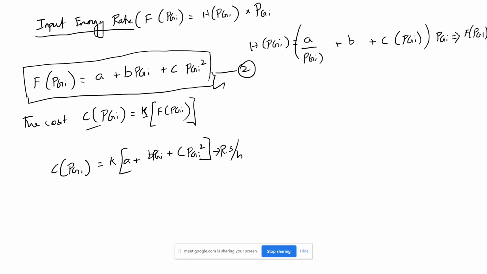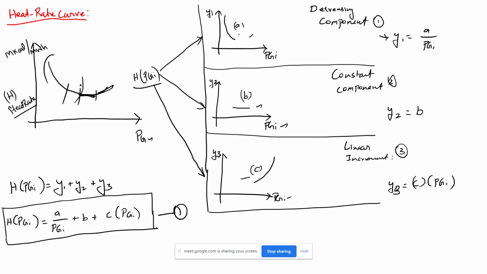Okay, and the unit for this is very important. The unit for this is mega kilocalories per hour. This is k, mega kilocalories per hour. And what is the unit of this h?